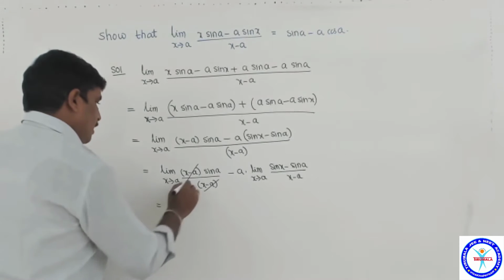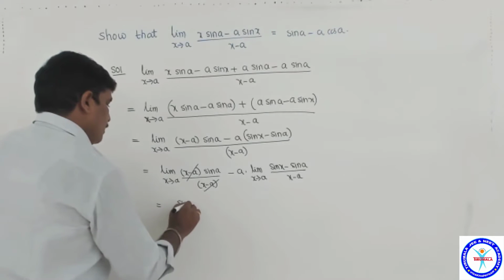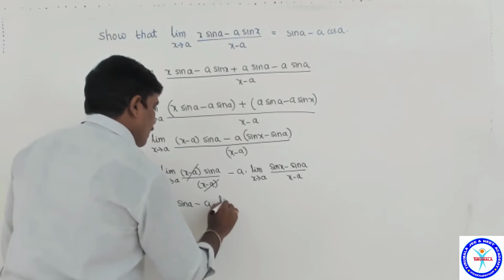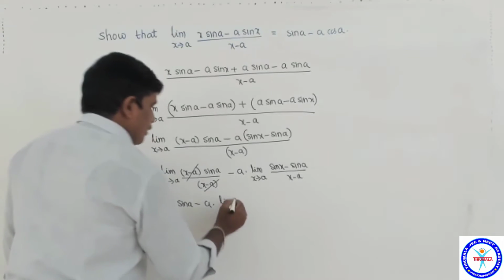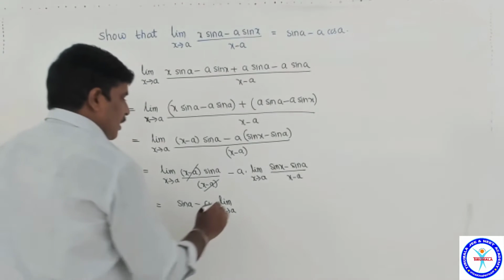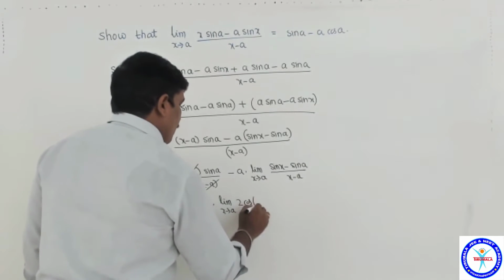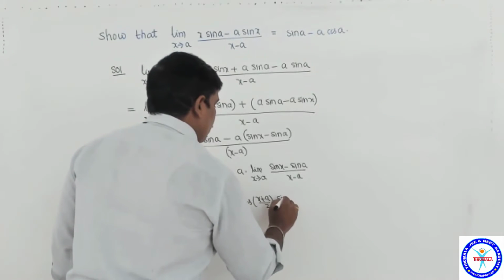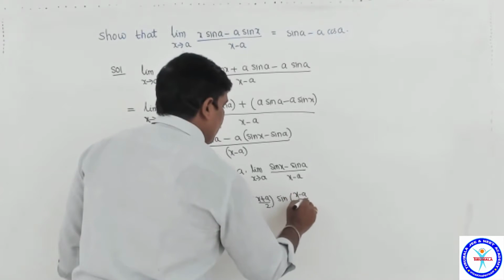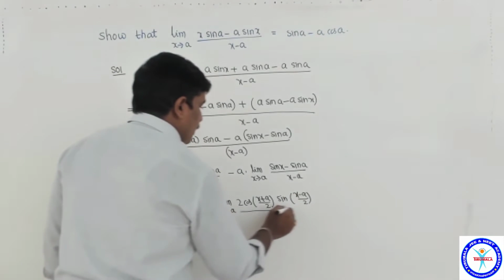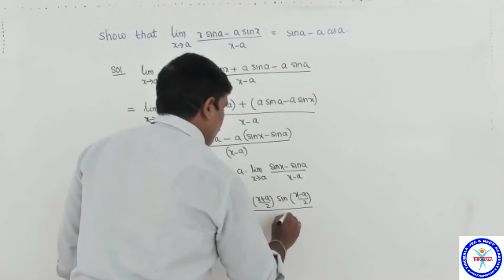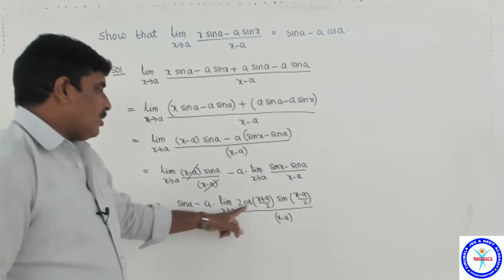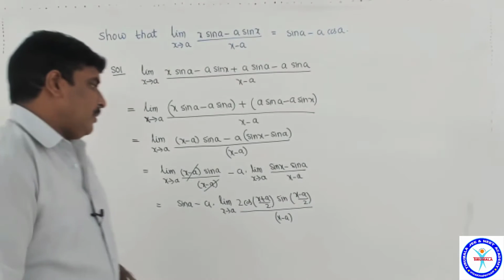This is equal to sin a minus a into limit x tends to a, sin x minus sin a, which means 2 cos((x plus a)/2) into sin((x minus a)/2) divided by (x minus a). Minus a into limit, sin c minus sin d is 2 cos((c plus d)/2) into sin((c minus d)/2).